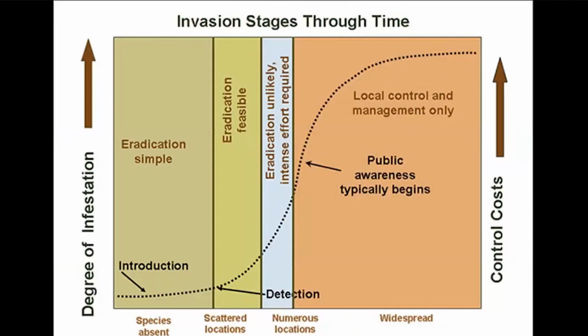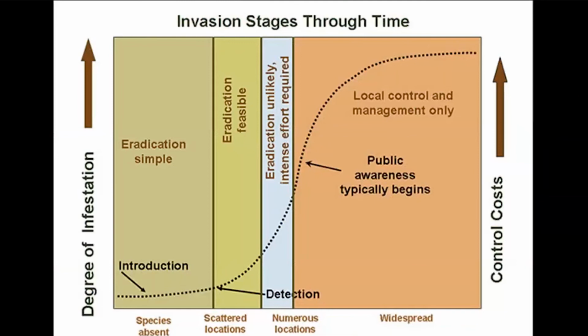And so the early stage of the introduction, we oftentimes don't notice this. It's at very low levels. It's perhaps a new plant that we're not familiar with, and so it may go completely unnoticed and unreported. Oftentimes when we get a first detection, there's an opportunity at that point to stop that invasion.